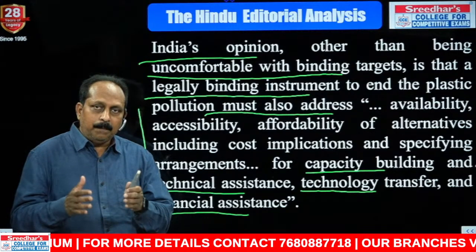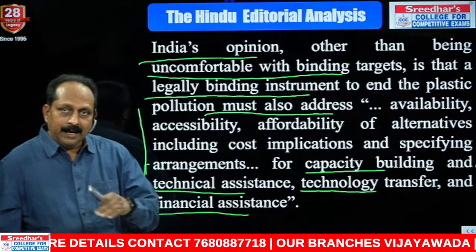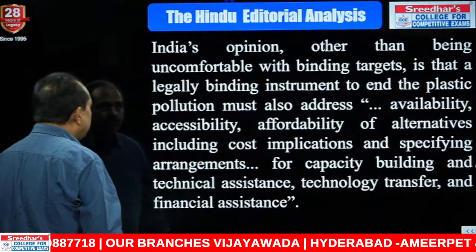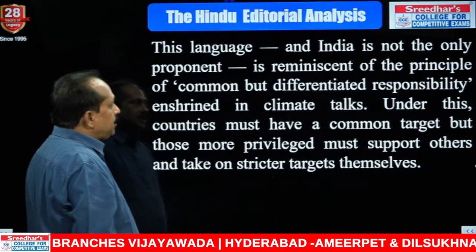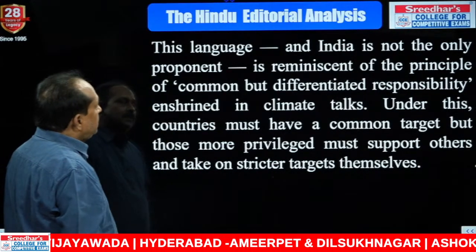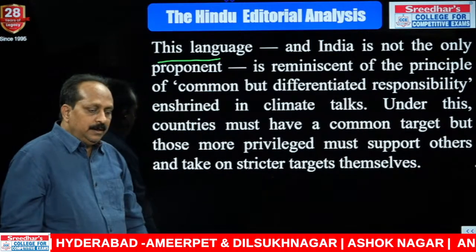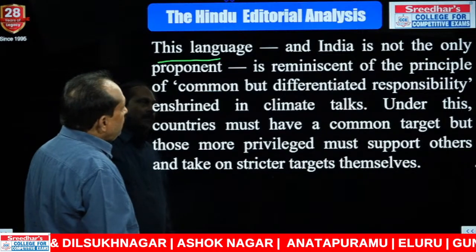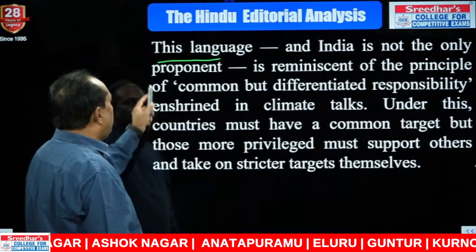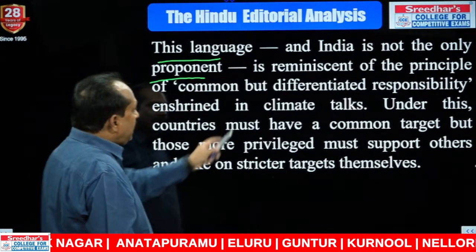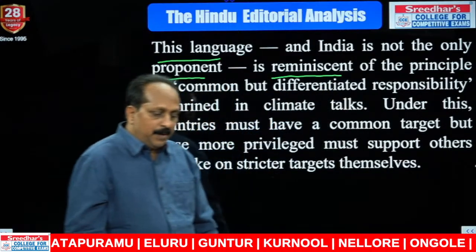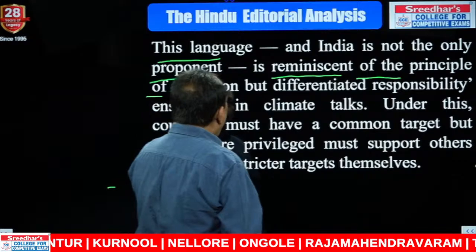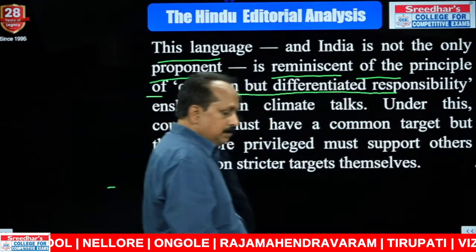That goes with a particular principle of climate talks. The next sentence talks about that. When India says all this, along with some other countries also, this language, availability, affordability, accessibility, and India is not the only proponent, some other countries are there, is reminiscent of, it reminds of a particular principle, the principle of common but differentiated responsibility.